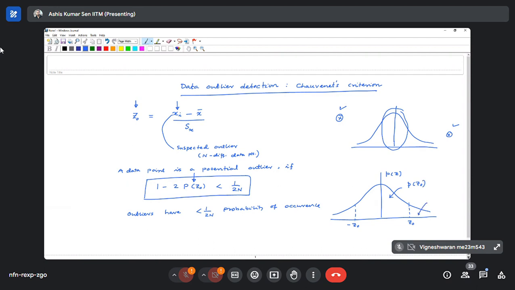So you are talking about these regions where the outlier is going to lie, this region of the data. So the outliers have less than 1 over 2n probability of occurrence according to Sauvener's criterion. So mathematically, you have to check that 1 minus 2 Pz0 should be less than or equal to 1 over 2n.